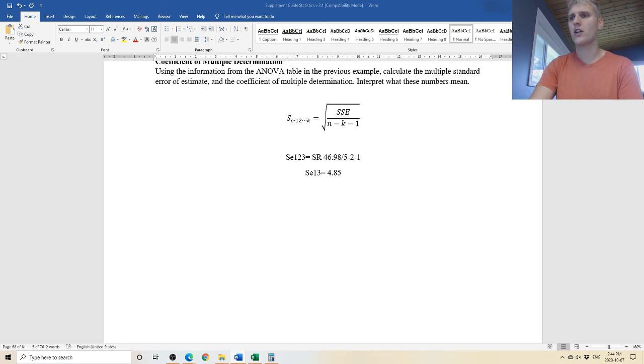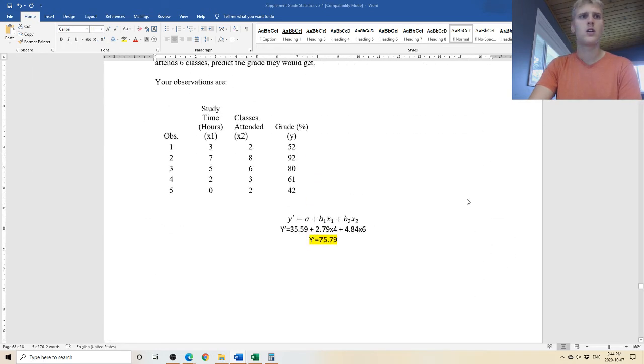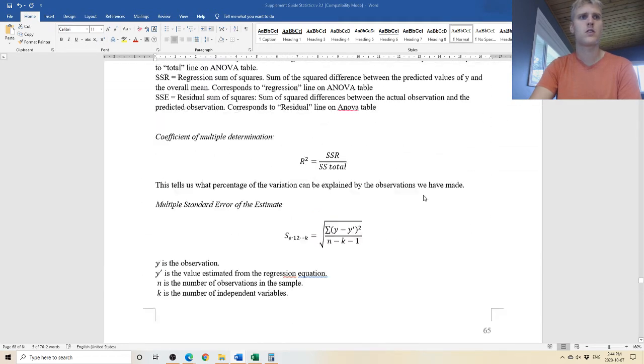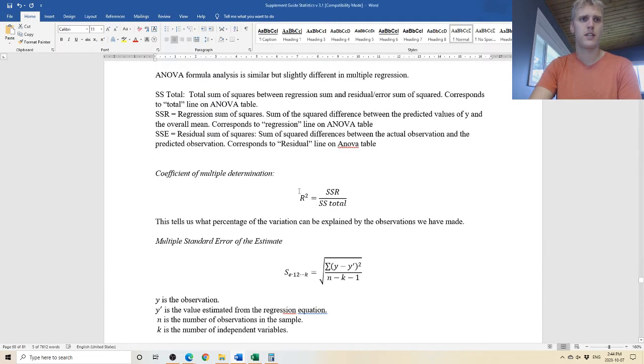So now we need to calculate our coefficient of multiple determination. We can go up to our formula sheet and grab our formula. This again is found from the ANOVA table.